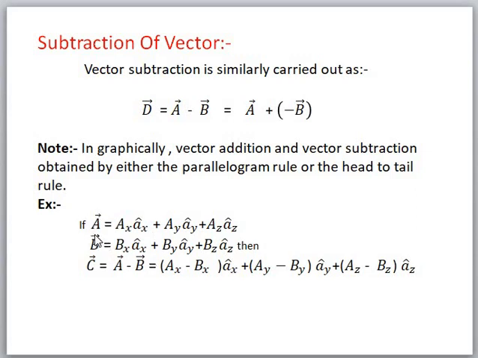Now we subtract B from A to get the resultant vector C. Vector C is equal to vector A minus vector B, which is (Ax minus Bx) a_x cap plus (Ay minus By) a_y cap plus (Az minus Bz) a_z cap.